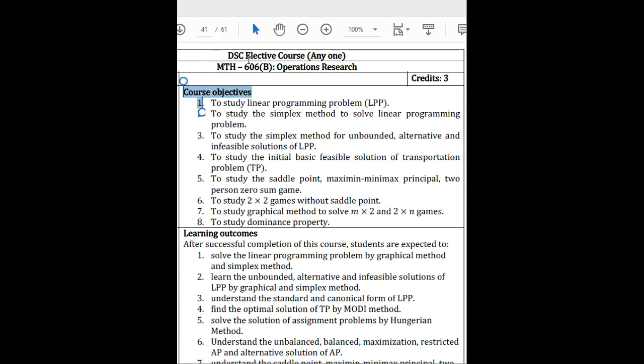In this course, we will study linear programming problem. In short, we write it as LPP. Then second objective, we will solve this LPP by simplex method.